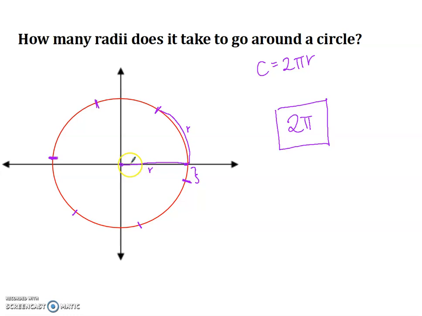So if I jump back to this picture, here's 1 radian, 2 radians, 3, 4, 5, 6. So these are all 1 radian, and then you have this little part right here, which is about 0.28 of a radian.